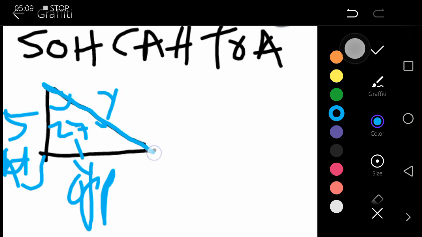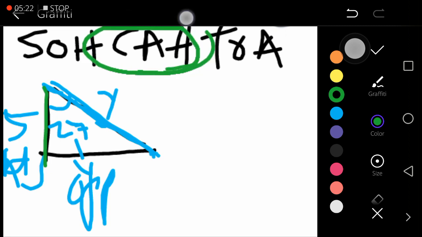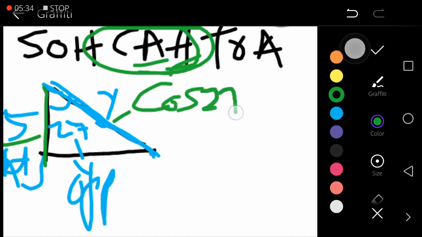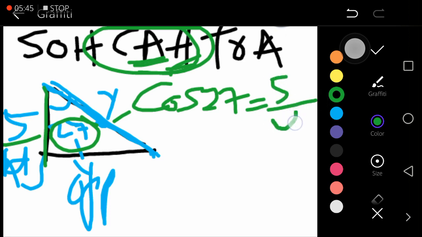What is this y? The hypotenuse. So we use CAH, because here is the adjacent and here is the hypotenuse. So cosine 27 degrees equals A, adjacent, 5 over y.